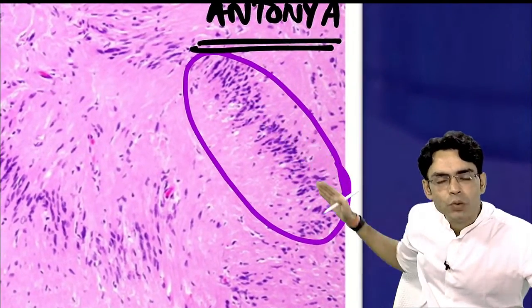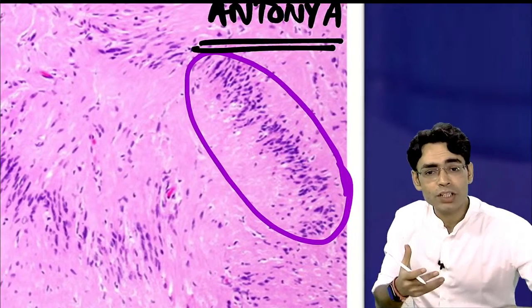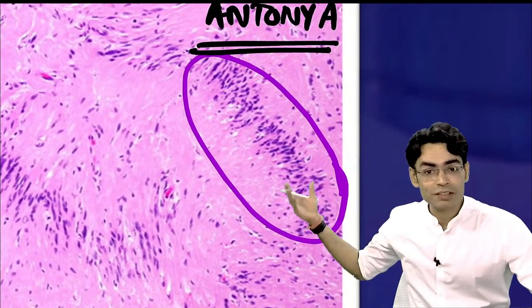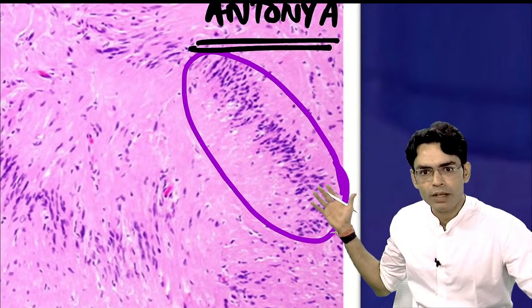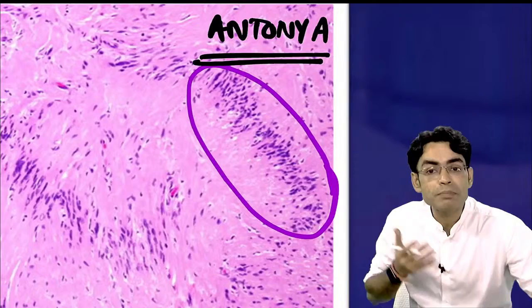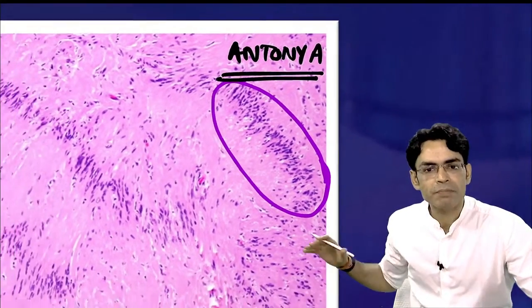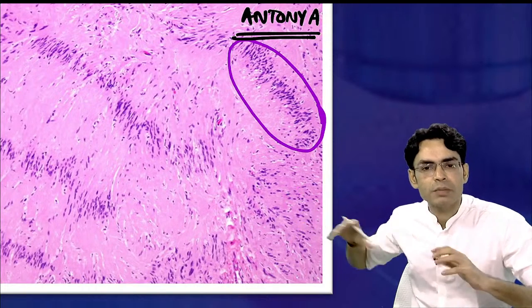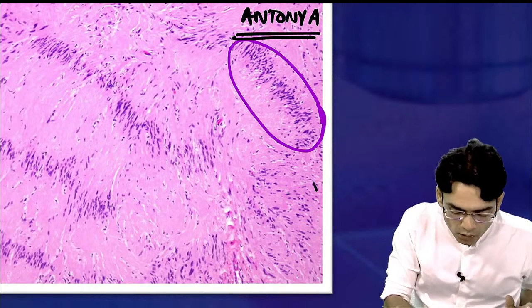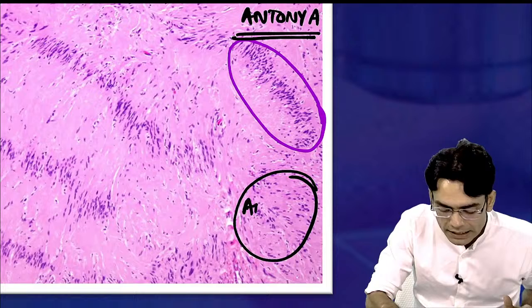Because I'm seeing so many nuclei. On a pathology slide, it's pink and blue, and blue is nucleus. So you're seeing so many nuclei here, so this is a hypercellular area, Antoni A. Then you are seeing this particular area, which comprises cells, but not too much. So we call this area Antoni B.